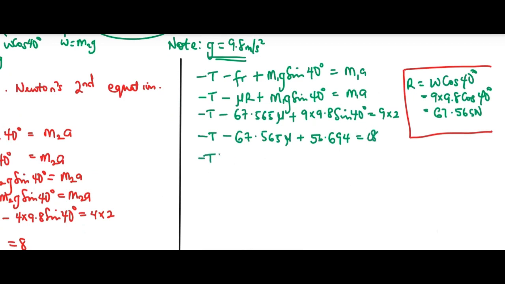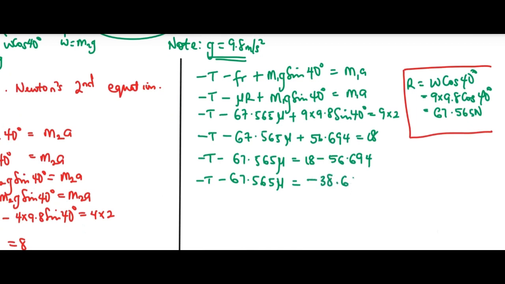Then I have minus T minus 67.565 mu equals 18 minus 56.694. This gives me minus T minus 67.565 mu equals minus 38.694. So this becomes my equation 2.